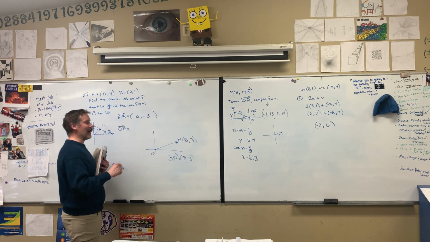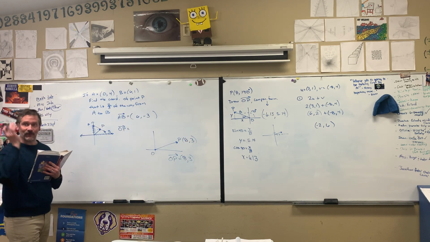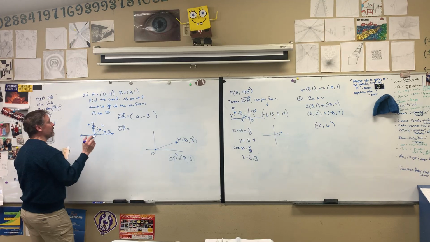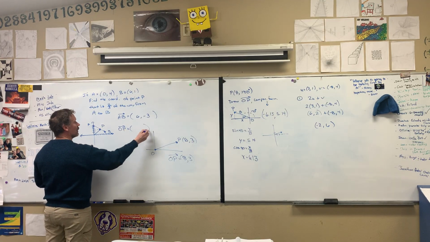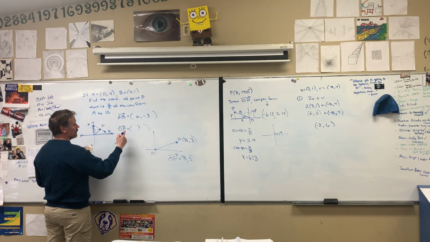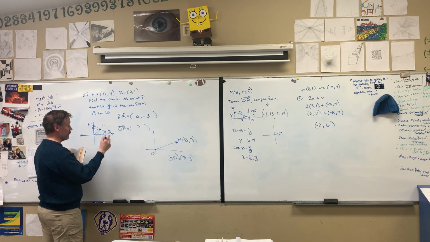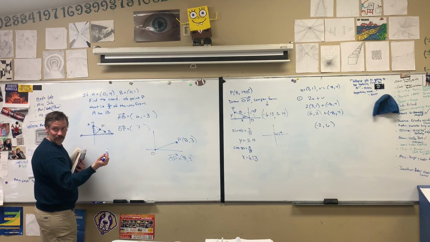So the coordinates are actually the vector component form if it starts at the origin. If I can find what OP is, then I can know the actual coordinates of P, because the coordinates match the component form.